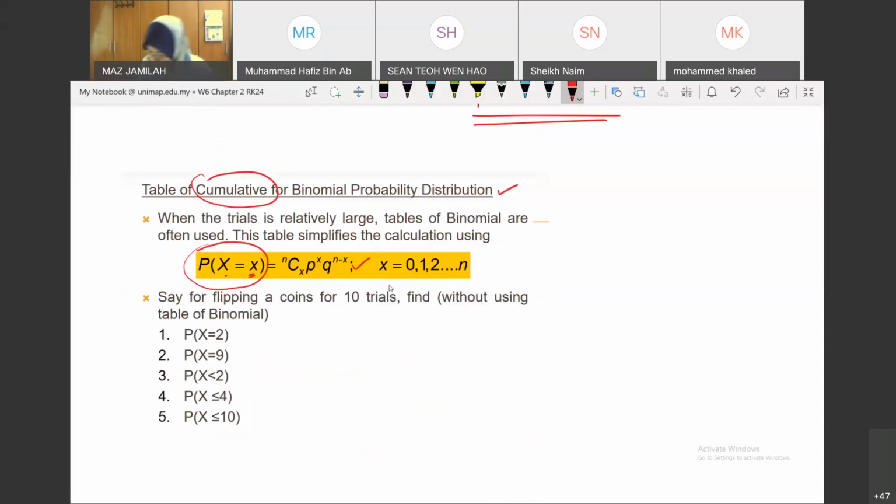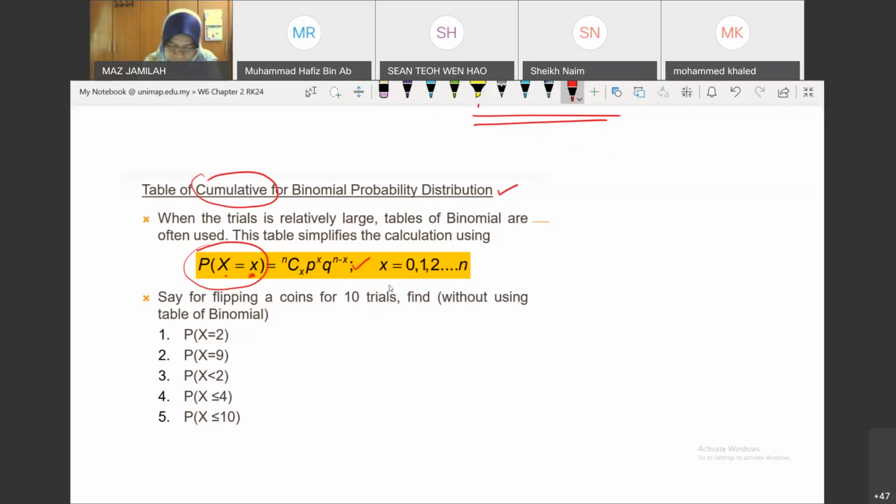On that page the coin is flipped 3 times. I change the number of trials to 10 trials so that I can show the reason why using the cumulative binomial probability distribution will be important in order to find the probability if the number of that value will be larger than what we are expected.